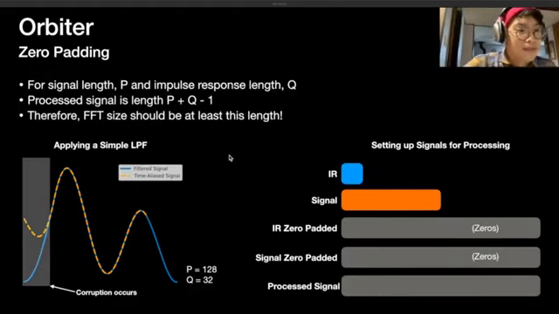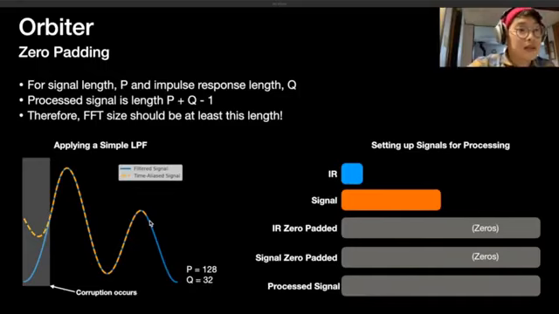Well, why is that? Suppose in this example we had a signal of length 128, and our filter response was of length 32. If we had used an FFT size of 128, what happens is at the 129th sample, the convolution wants to write the output at the 129th position, but we only have 128 spaces to work with.